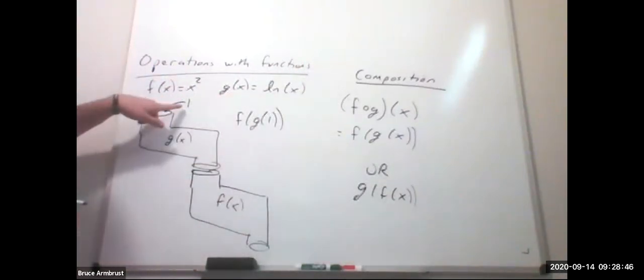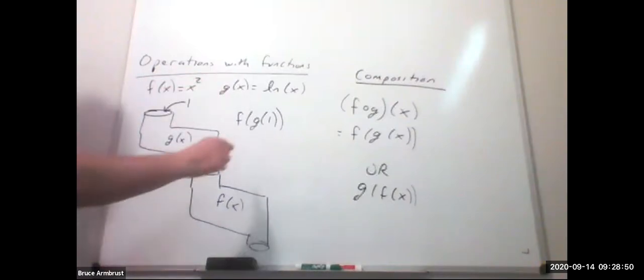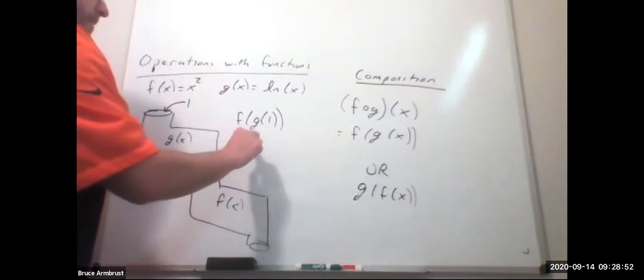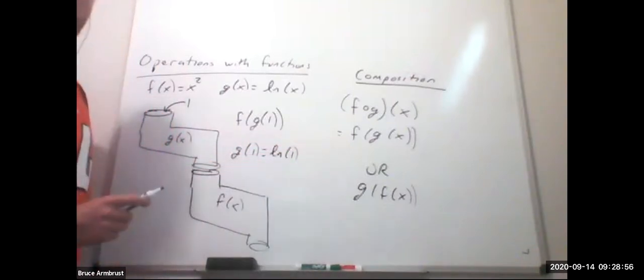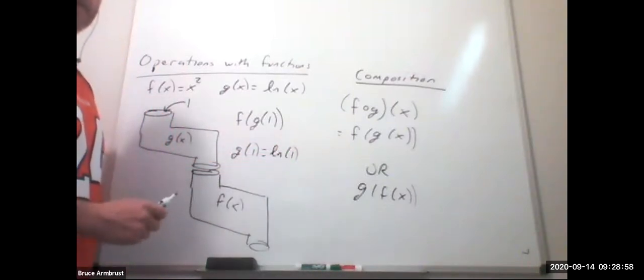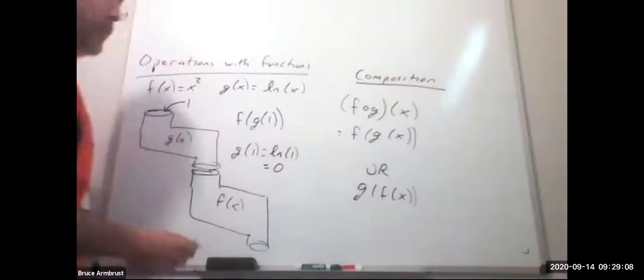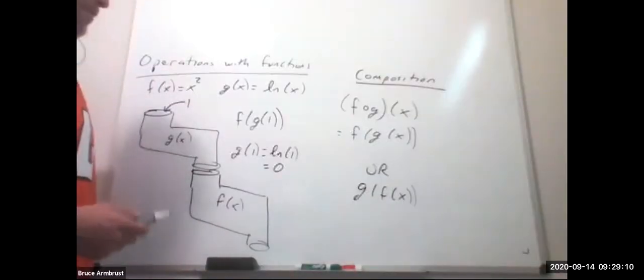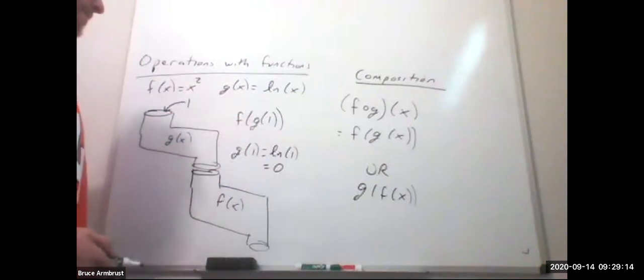We're going to put 1 into g, and g does its thing. So in this case, g of 1 is the natural log of 1. Does anybody remember what that is? Is it 0? It is 0. No matter what kind of log you've got, if you plug in 1, you get 0.